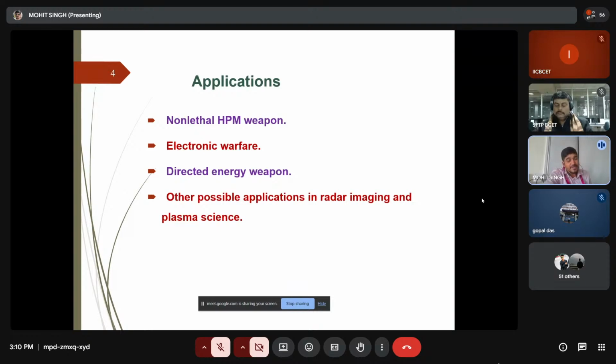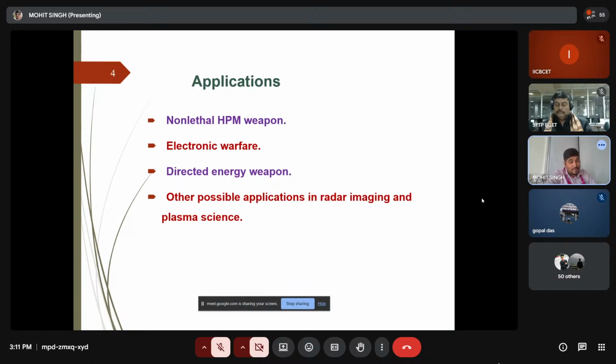In a war, it is not possible to extend the magazine if it is over. But here we can supply uninterrupted power for the directed energy weapons.